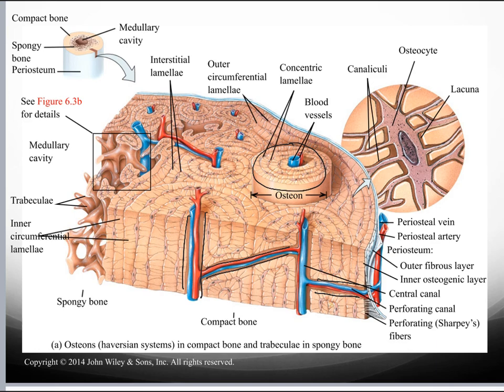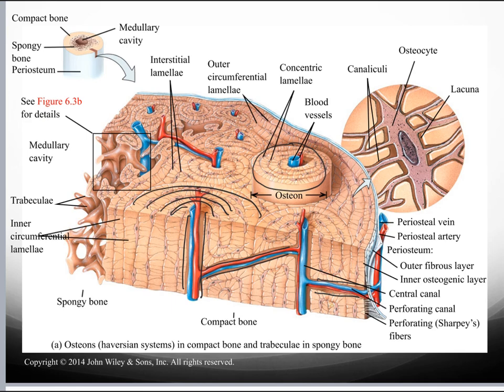Now, the next thing to see is we have our concentric circle, ring within a ring within a ring. These are our lamellae. Now, one other thing to look at is that we have two other types of lamellae. We have concentric lamellae that make the ring within a ring within a ring. We have interstitial lamellae.